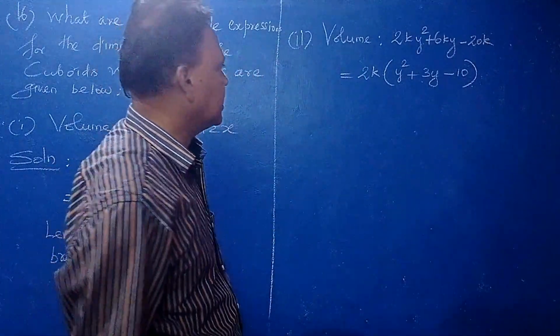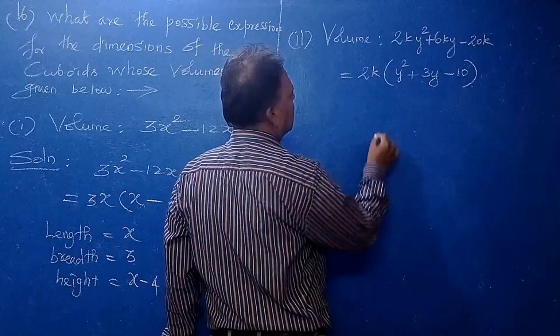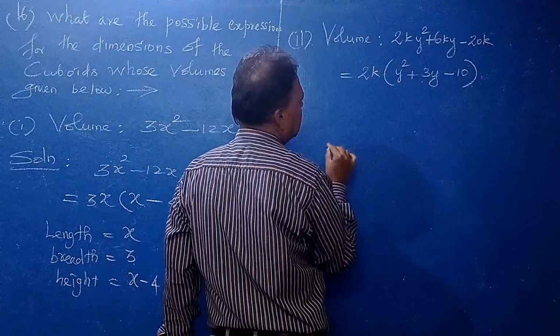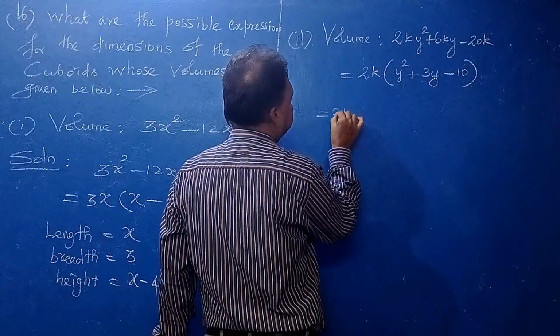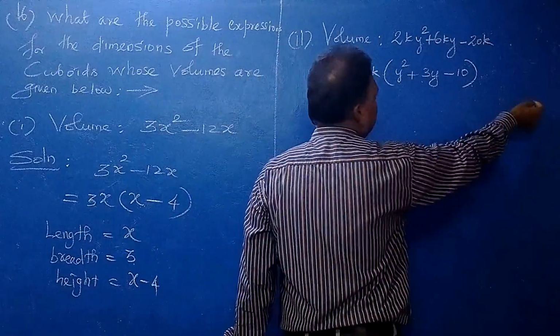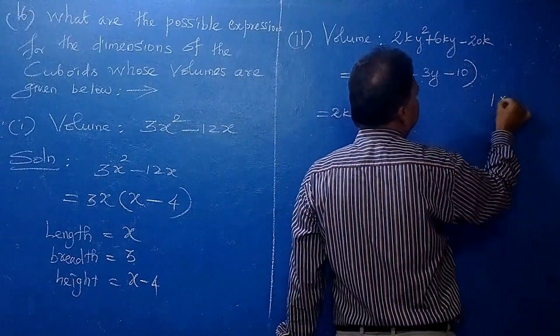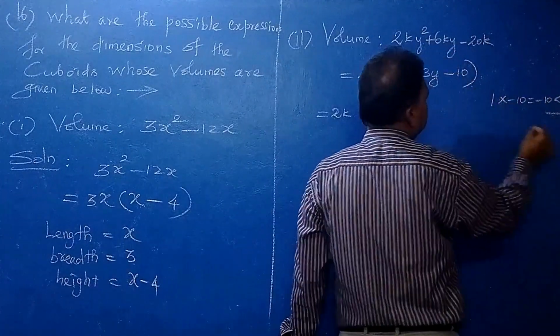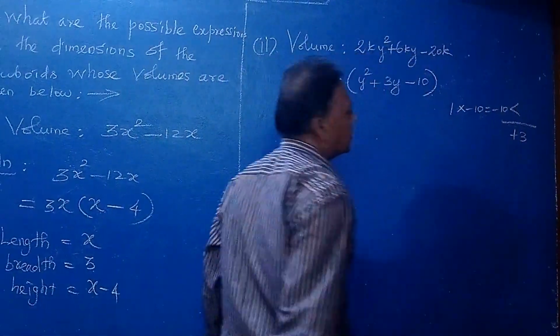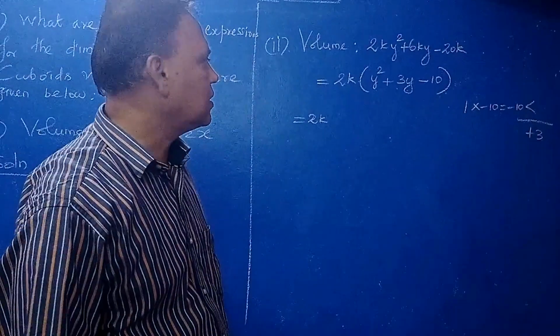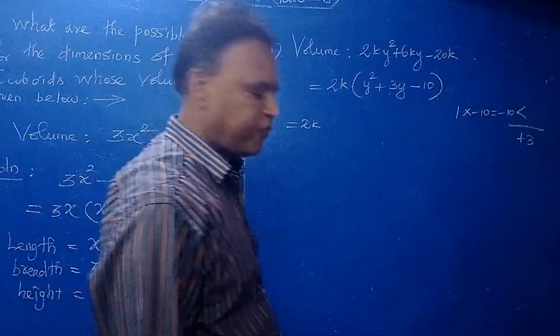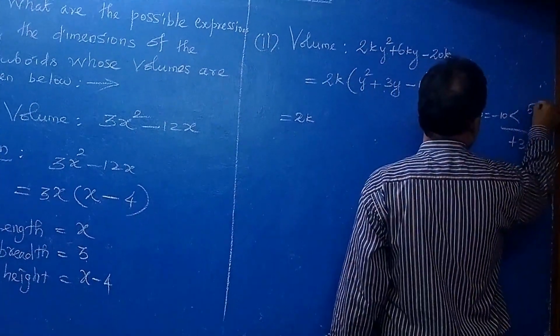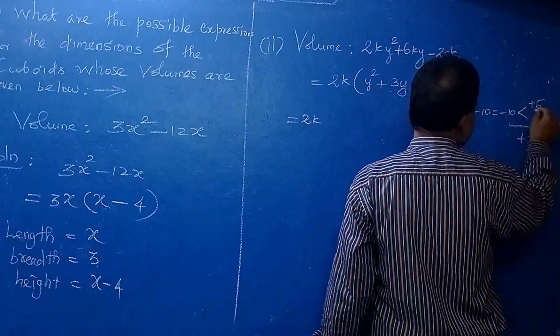Clear? Here y squared is there. So in the rough column you do 1 into minus 10. Minus 10. You have to split it so that you get plus 3. So you have to find such factors: 5 into 2. 5 into 2 is correct. Plus 3 you take, plus 5 you take.